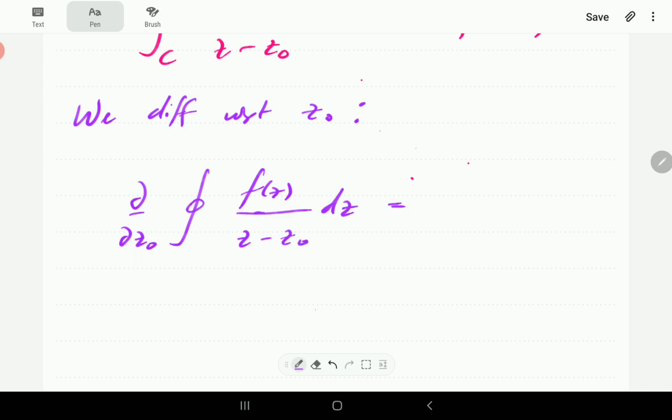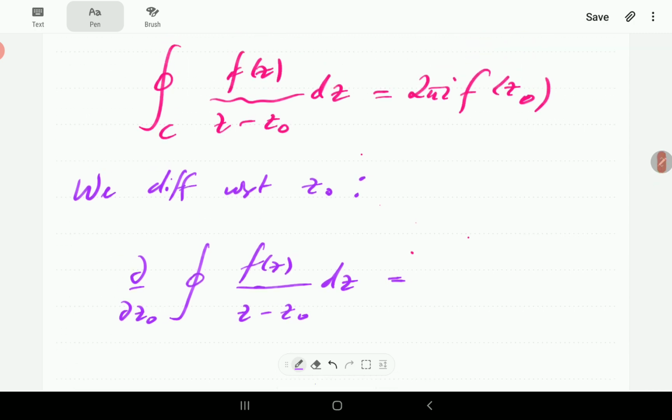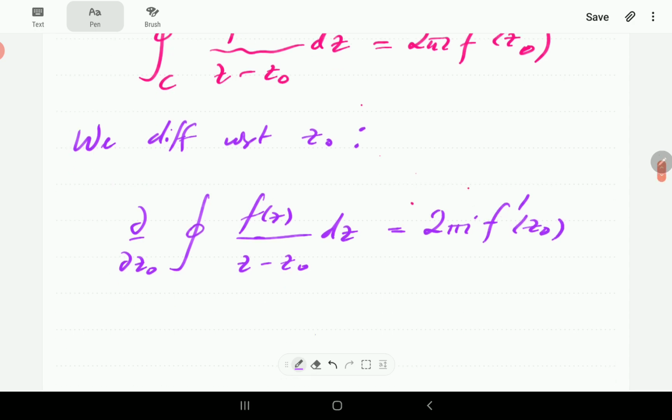We're using partial on the left hand side because this involves z and z naught, since we're treating z naught as a variable. So this depends on two variables, which is why we're using the partial derivative notation. On the right hand side, z naught appears here, so differentiating with respect to z naught is simply going to be f prime at z naught.